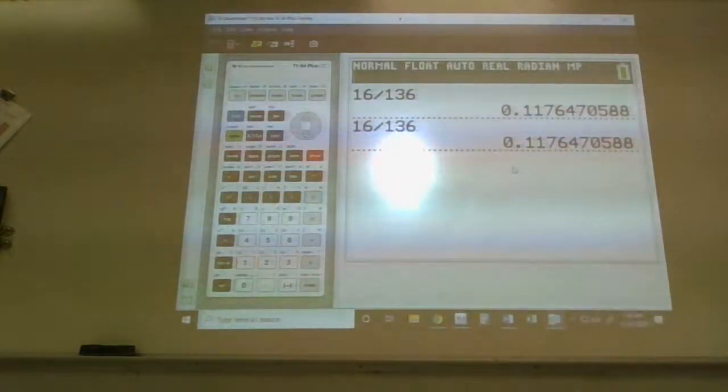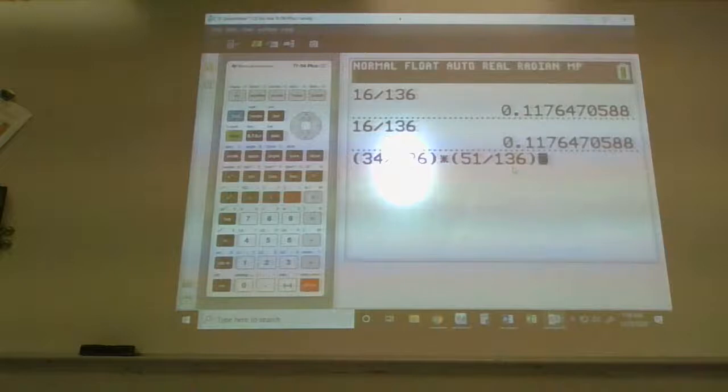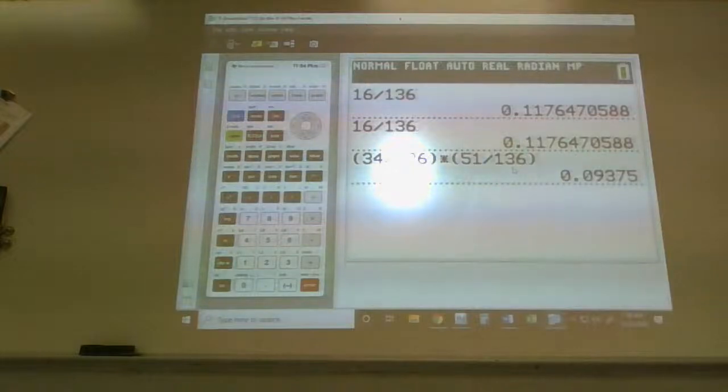Come on. I hate this calculator. 34 divided by 136. 51 divided by 136. Oh, that answer is actually pretty close. I mean, it's not spot on, but it's pretty close. I wonder if that has ramifications for a definition in a few moments. Anyway, we'll get there. Back to here.